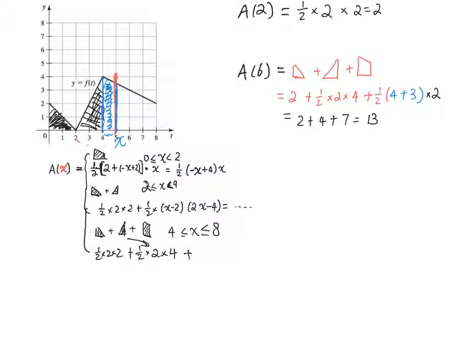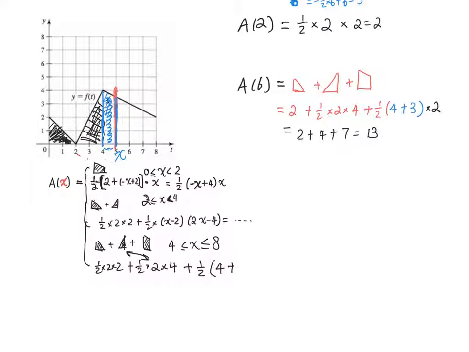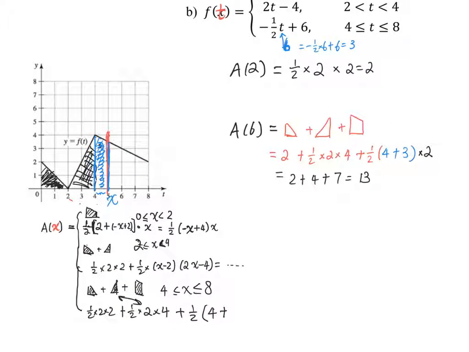So that's for this triangle, and the area for the trapezoid is 1/2 times the first base, which is 4, plus the second base. So let's take a look at the height of this base. It has to do with the very last piece, this function right here. So when this is x, this height should be negative 1/2 of x plus 6. That's the height. Where is it from?